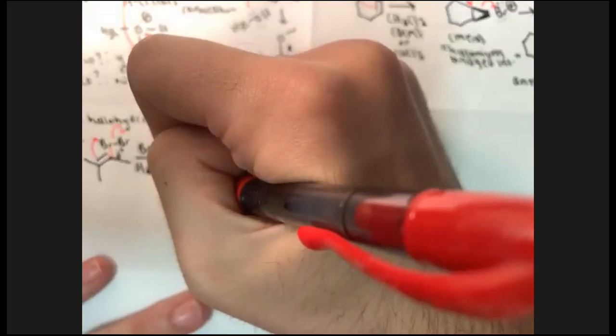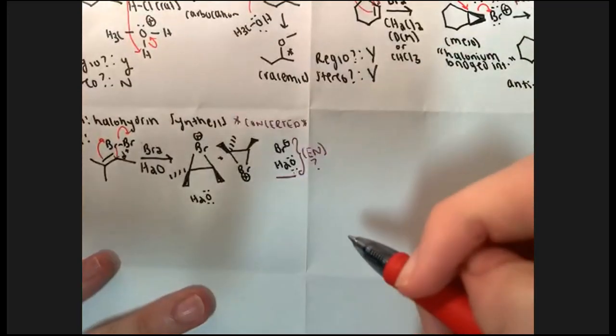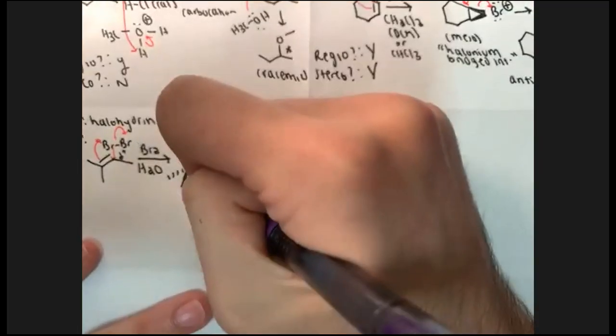So essentially, let's show that. Water is here. And this is that regioselective part, where the water is going to attack the more substituted position because of the alternating resonance structures. Maybe I'll write, just trying to give you guys these little hints, resonance of the intermediate shows that the more substituted side is the more stable side, or the more electrophilic side that should be attacked.